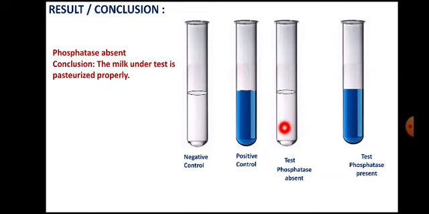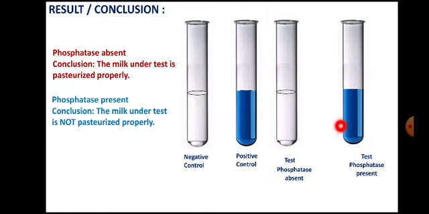So if the results are like this, then you can conclude that the milk under test is pasteurized properly, or it is not adulterated by raw milk. You can write like this. You can add a line regarding raw milk adulteration.